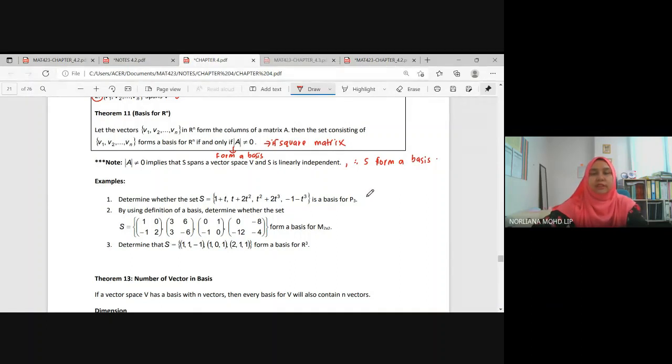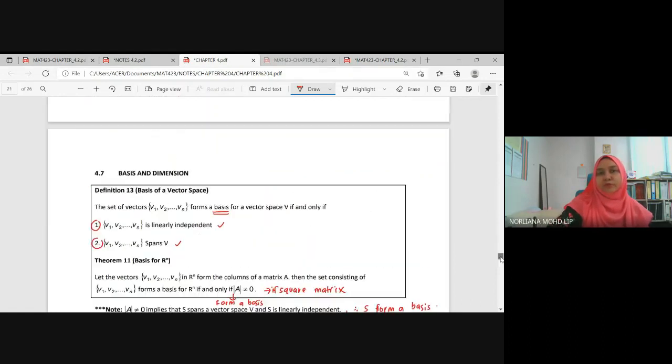This is a set for polynomials of degree 3. Soalan, whether the S is basis for P3 or not. Awak perlu proof, okay ni jangan kerja dia panjang lah. Perlu proof dua ni lah. Linearly independent and spanning set.